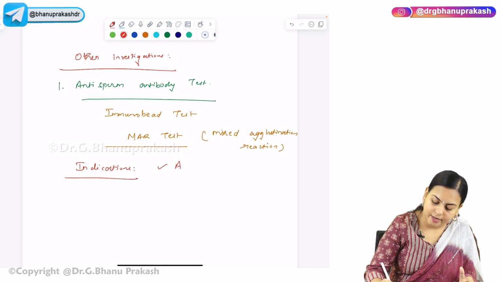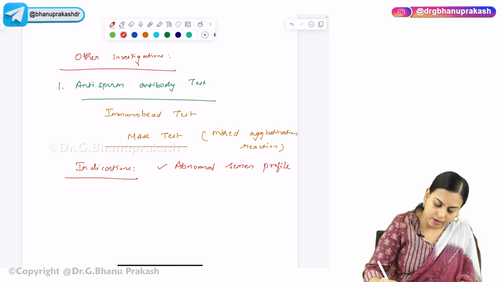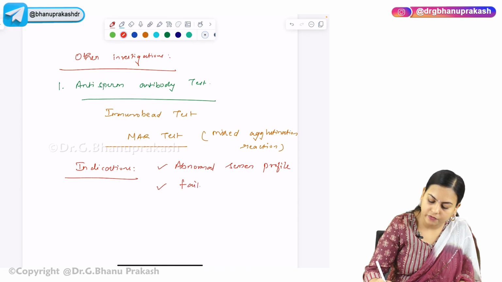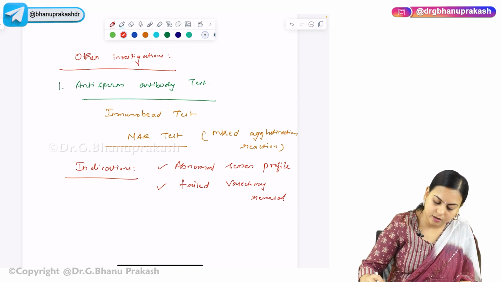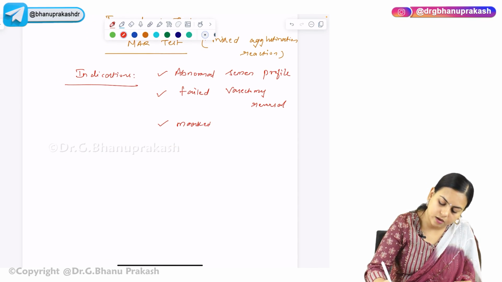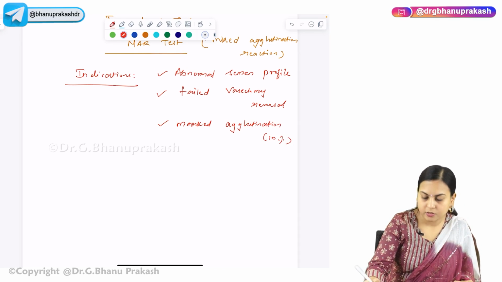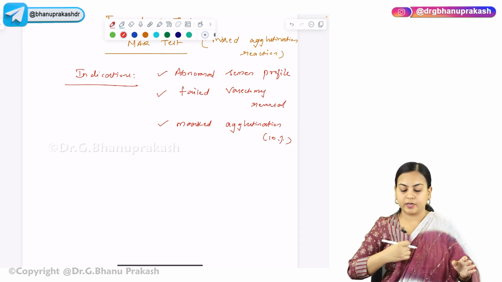If any abnormal semen profile is seen, and if there is a failed vasectomy reversal and there is marked agglutination, that is 10% of the agglutination is present.